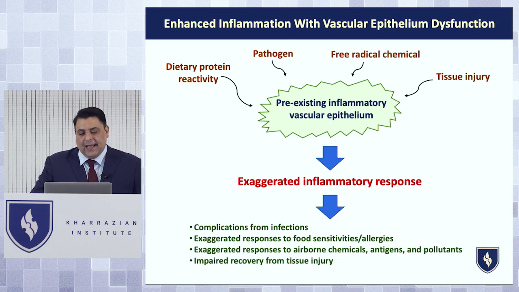So once again, healthy nitric oxide activity has an effect on modulating the pre-existing inflammatory state in these blood vessels, which then different antigens can activate and trigger. So the more inflammation that is pre-existing in the blood vessels before an antigen exposure, the greater the response. So that's the key thing here.